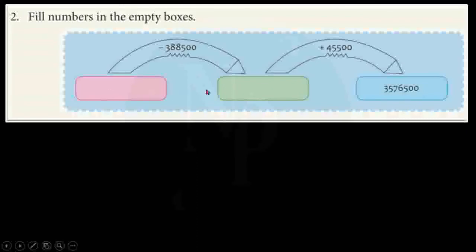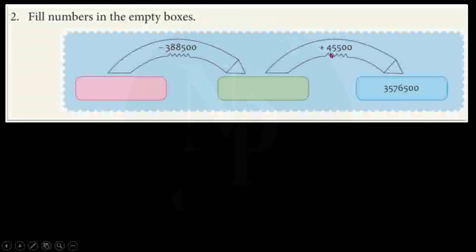So how to find these? Yes, we should come in the reverse order because we have two numbers here. If the sum of two numbers is given and one of the addends is known, and if you subtract this addend from the sum, you will get the other addend.